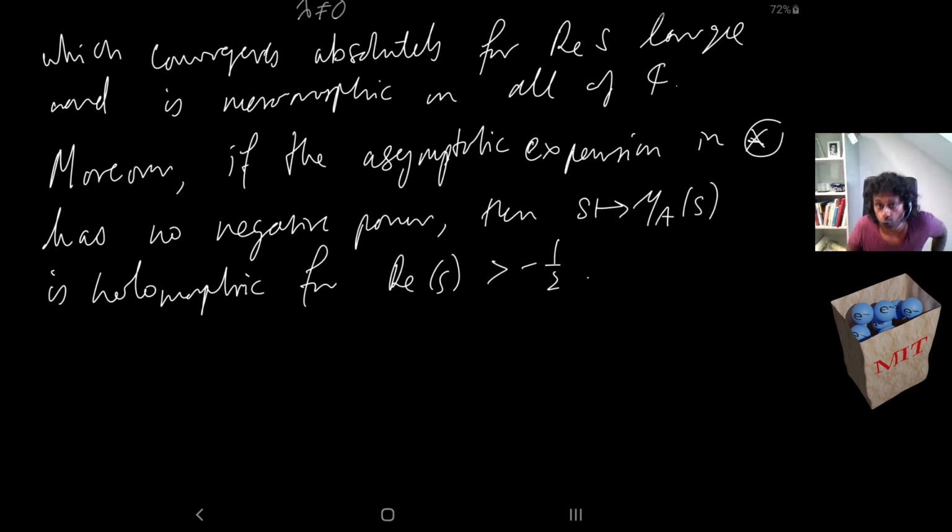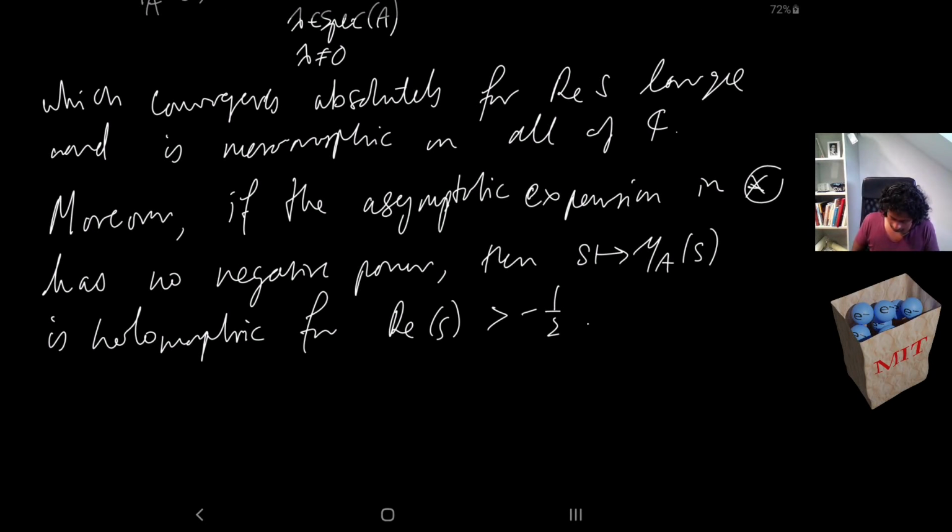Okay, so that's the full Atiyah-Patodi-Singer index theorem.